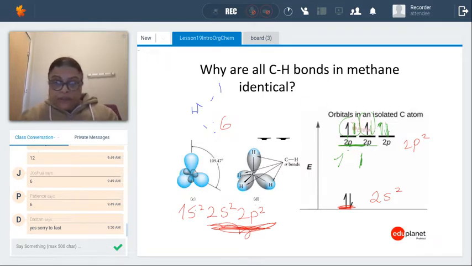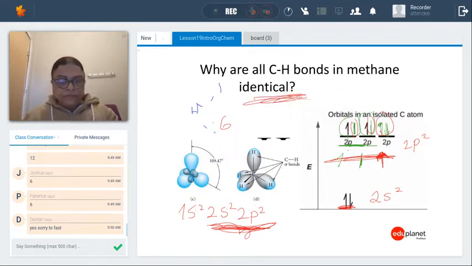The green ones are coming from somebody else. And this bond will be completely different, because 2 of the electrons come from somebody else, not from carbon. So there could not be that carbon has 4 identical bonding, because the first 2 will be identical, these.